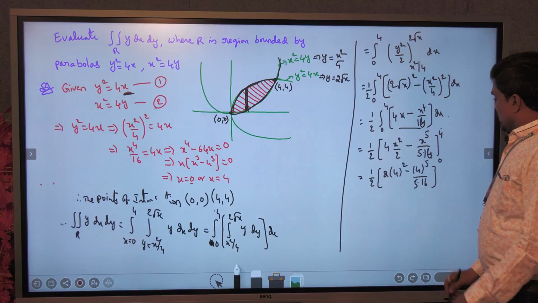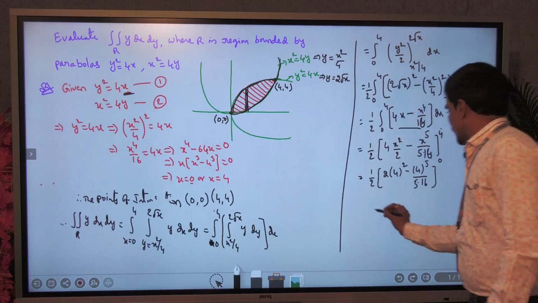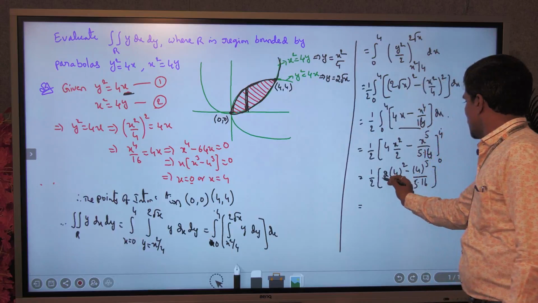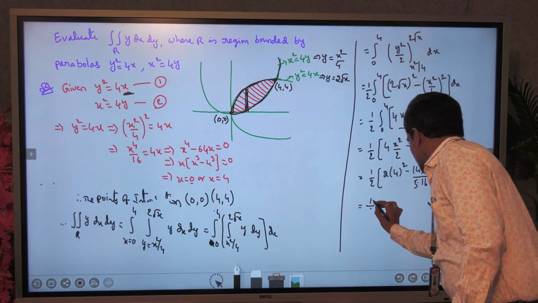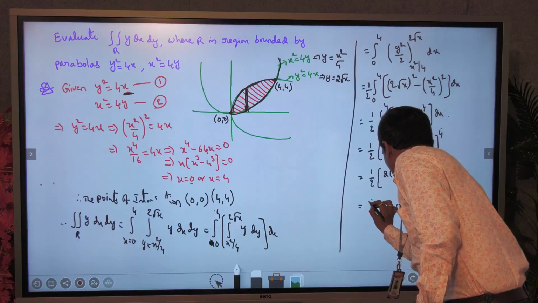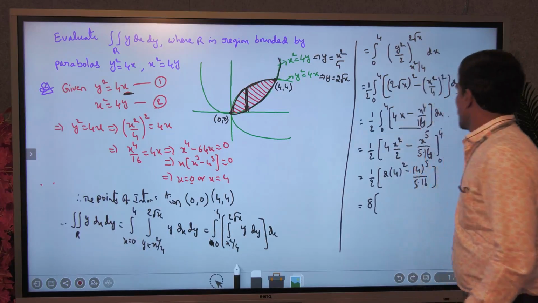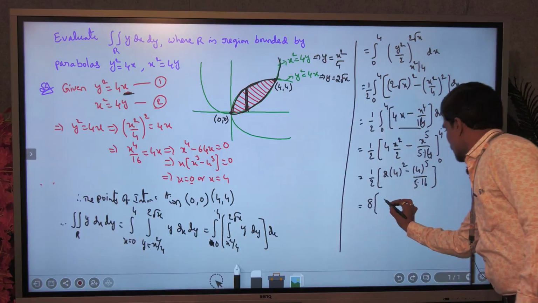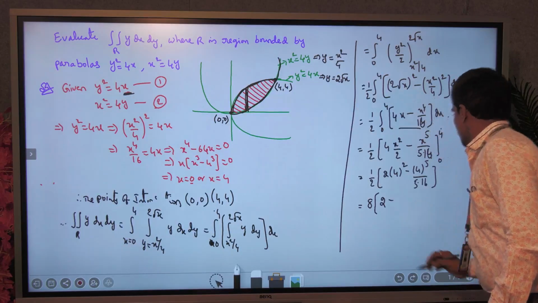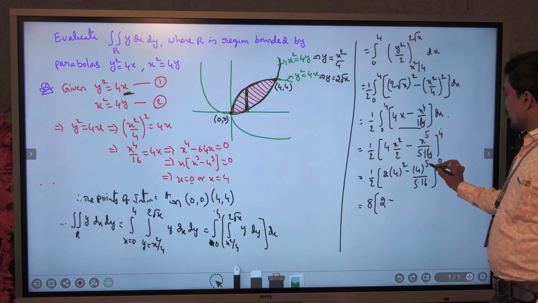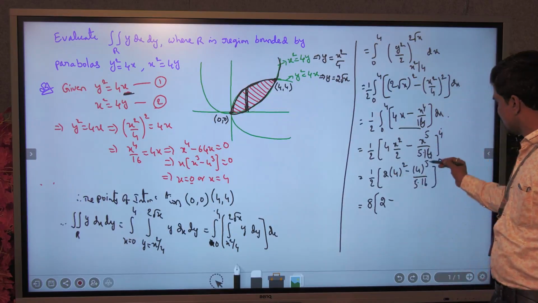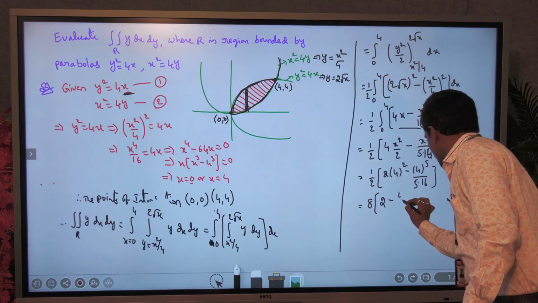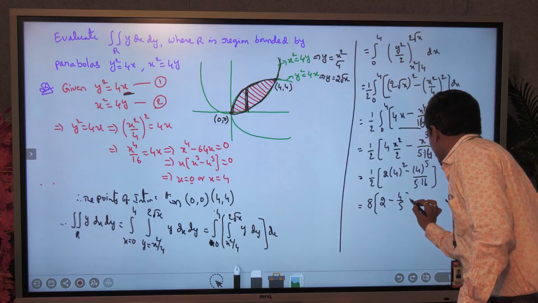Here 4 square is common, then we get 16 by 2, which is 8, and 4 cube is 4 square into 4, the 16 cancels, so we get 4 by 5.